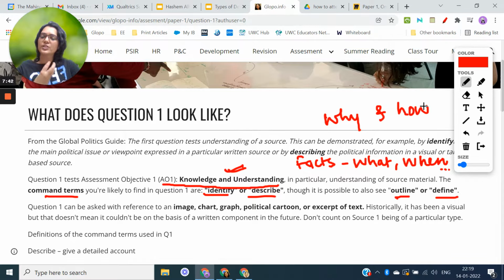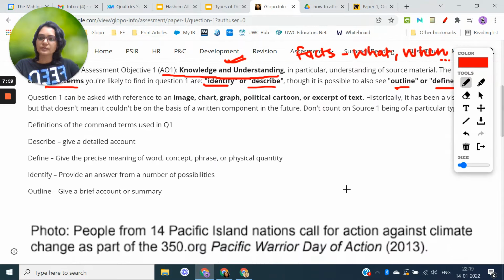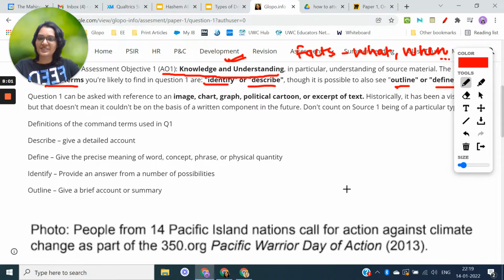This is what question number 1 will look like as per the command term, and this is inquiring your knowledge and understanding of that. In case you want to see the definition of the command term, I have already written down the definition.